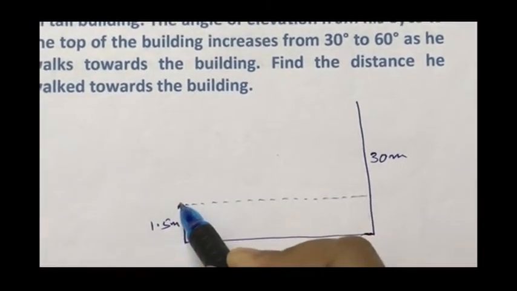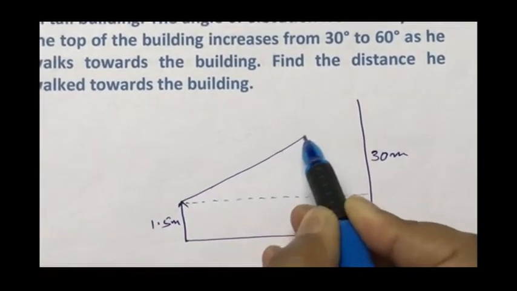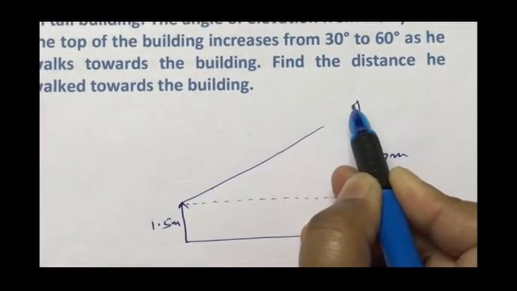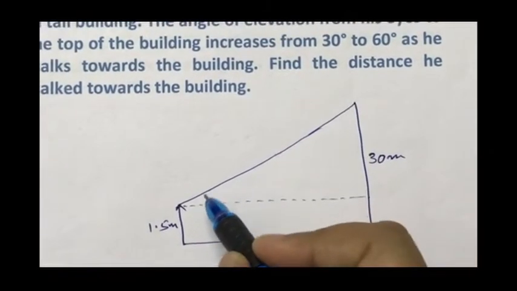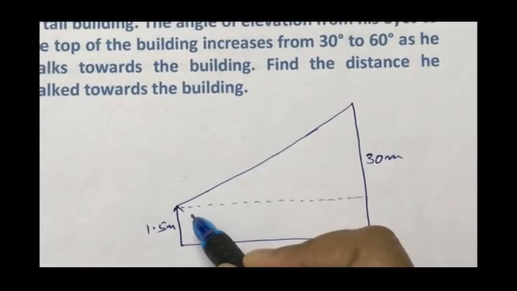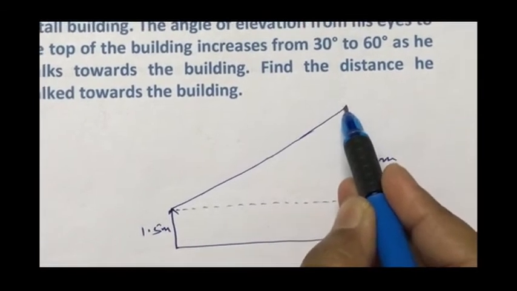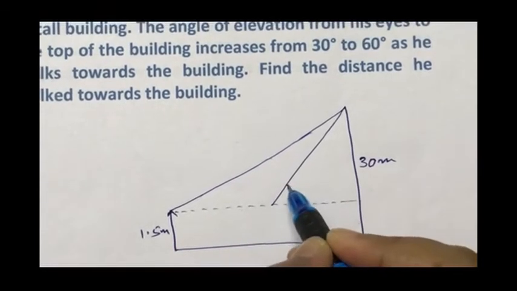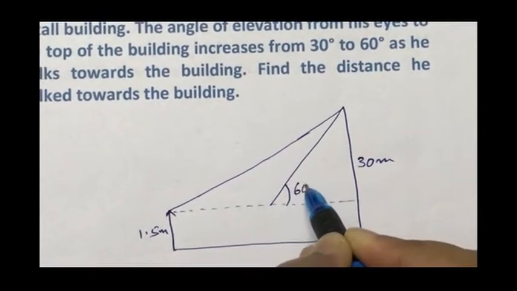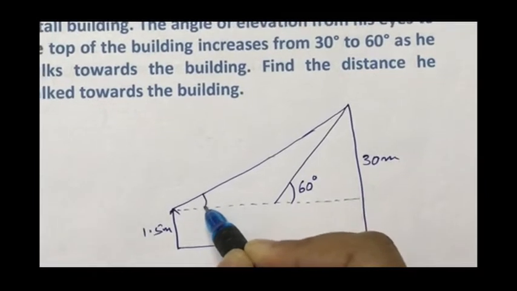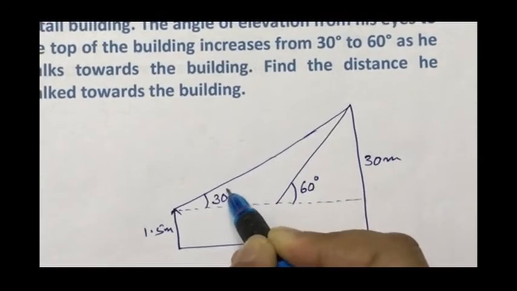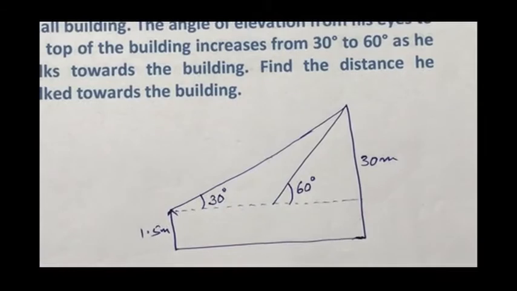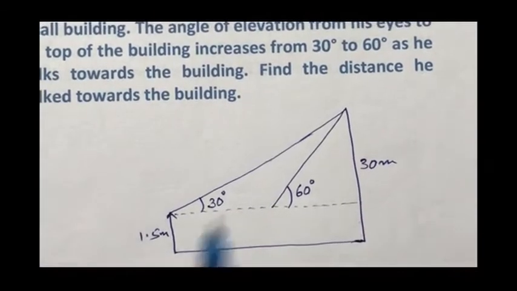So it is telling that as he starts walking, then his angle of elevation changes. Okay, and here when it reaches this point, it is something around 60 degree, and when he had started, it is around 30 degree. Okay, now let me name it first.